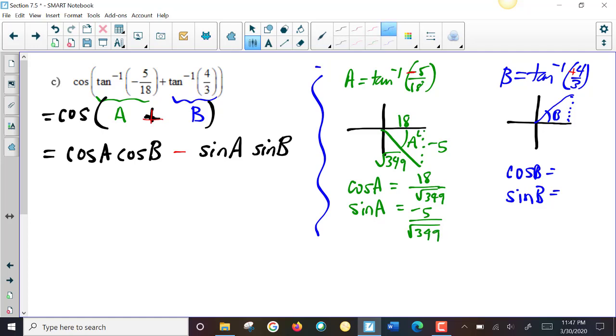Okay, so B is, this is 4, this is 3, this is a 3, 4, 5 triangle. Nice. So cosine is x over r and sine is y over r.